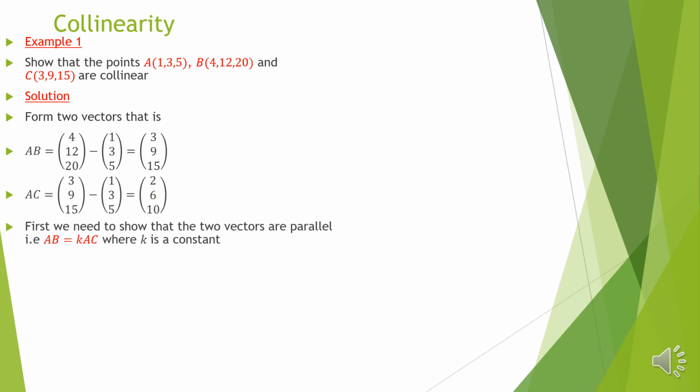Now, the first thing that I need to do here is to show that the two vectors formed, that is AB and AC, are indeed parallel.